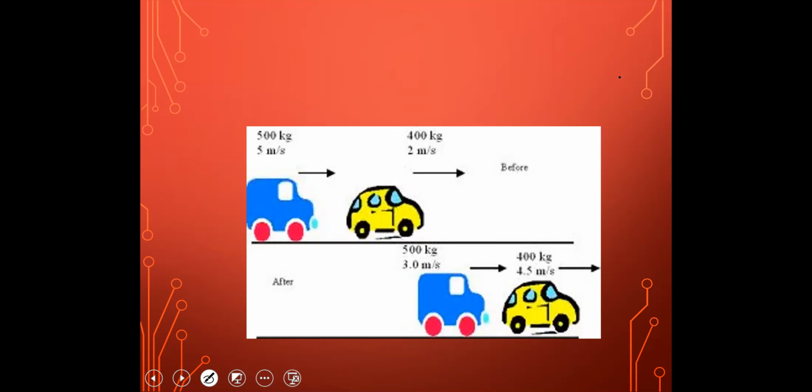The yellow car, which was moving with 2, is moving with 4.5 after collision. Look how the velocities have changed. Now, which type of collision? They didn't move in different directions, so it's not elastic. Do they stick with each other? No. So it is inelastic, not perfectly inelastic, and not elastic.